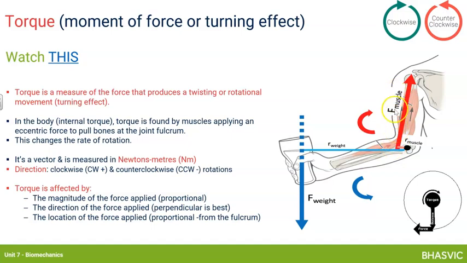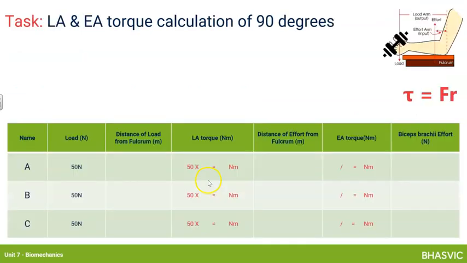If it's perpendicular to the object or at an angle, that can affect how much torque there is. It's more effective if it's perpendicular, so at right angles to any given load, and the location of the force application. So within our body, we can't change this significantly. Outside of our body, sometimes we can change where the load is applied, the distance from the fulcrum.